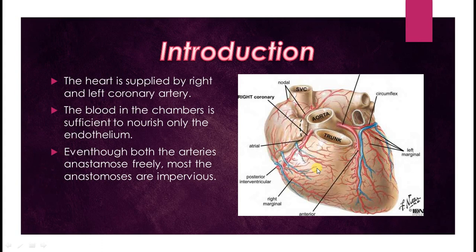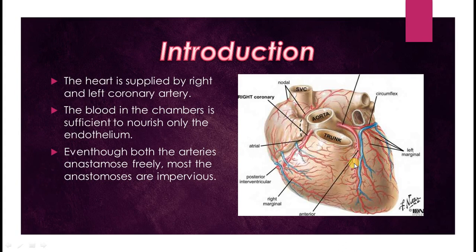The primitive heart tube has undergone looping, bending, and finally it has attained this final position. Even though it appears conical, muscular, an organ, it is basically a blood vessel. So, the right and left coronary arteries are the two blood vessels supplying the blood vessel.